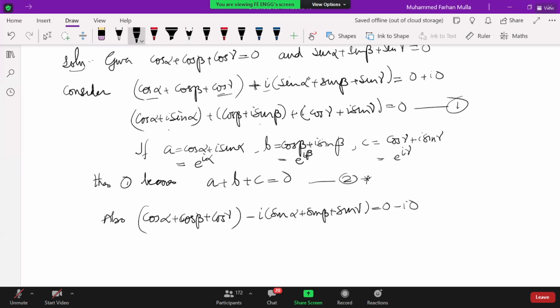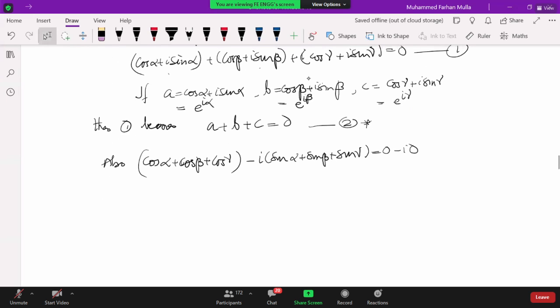So if you simplify, this is going to be cos alpha minus I sin alpha plus cos beta minus I sin beta plus cos gamma minus I sin gamma equal to 0.